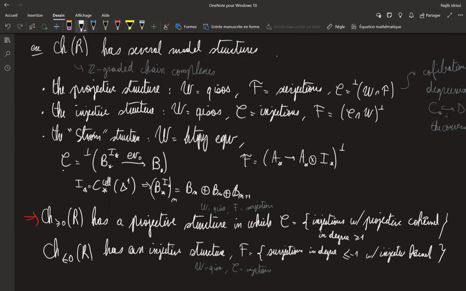If I remember correctly, yes. And that's why we can deal either with injective or projective resolutions, right? For example, if you want to compute the Ext functor, you can either take a projective resolution of the source or an injective resolution of the target.